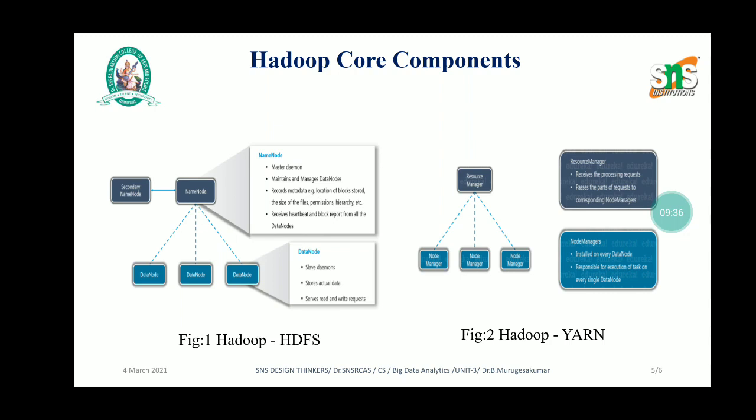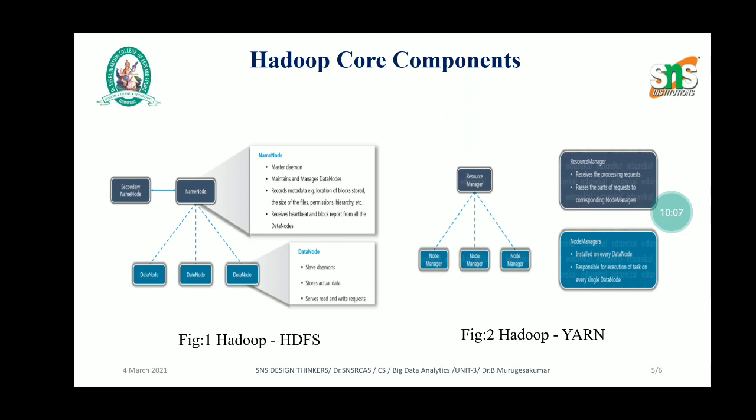Now let's move ahead to our second fundamental unit of Hadoop, that is Yarn. Yarn comprises 2 major components: one is resource manager, another one is node manager. Resource manager is a cluster level component and runs on the master machine. It manages resources and schedules applications running on top of it.